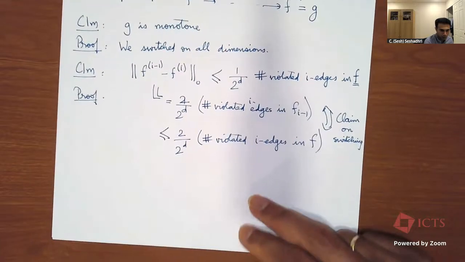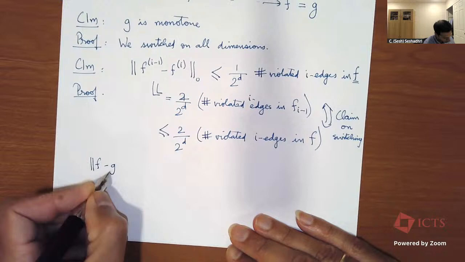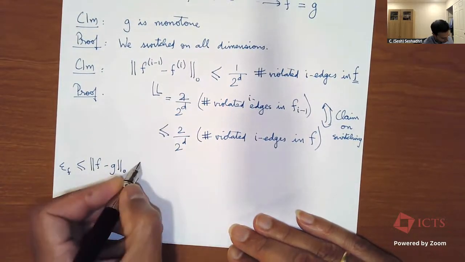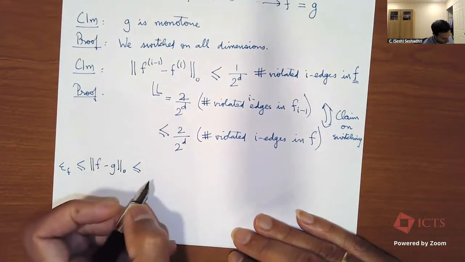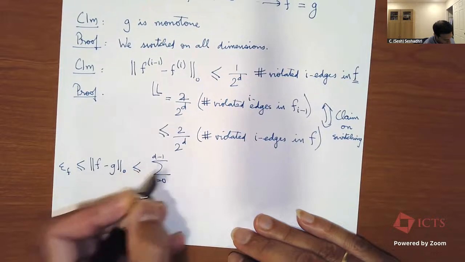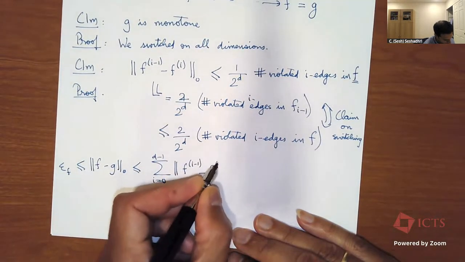Okay, and so now our story is complete. I'll say this is at most epsilon F. This is at most, by triangle inequality, all of these successive differences.